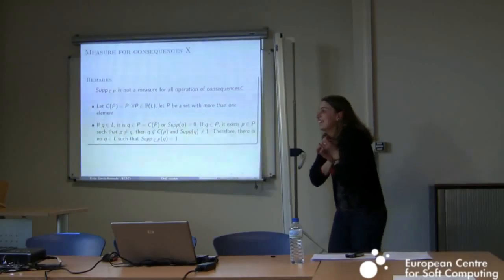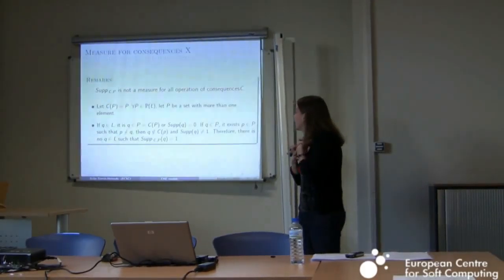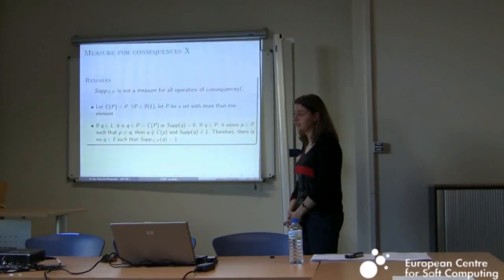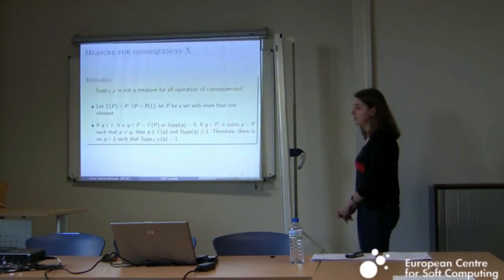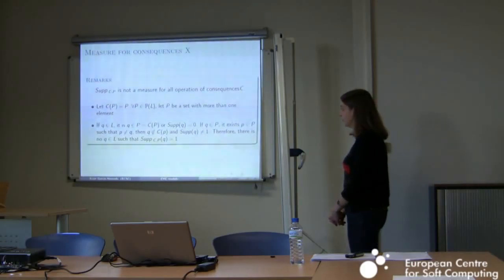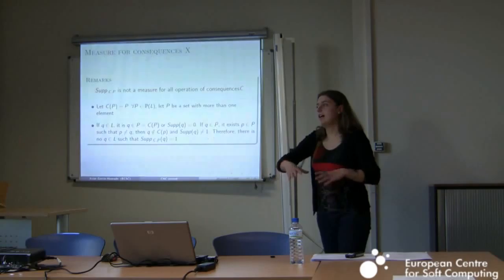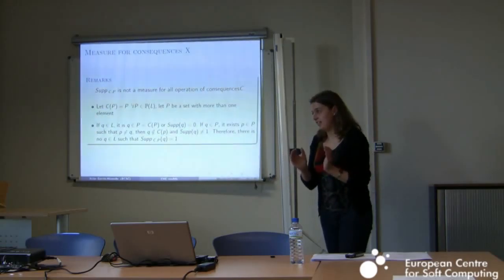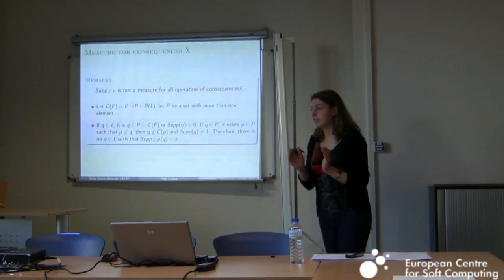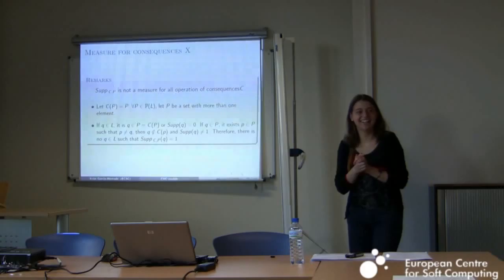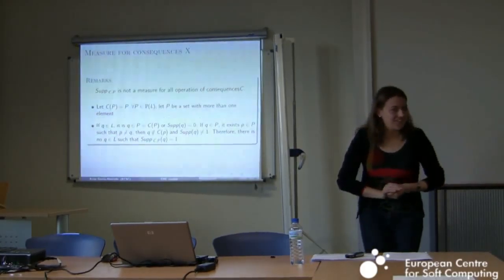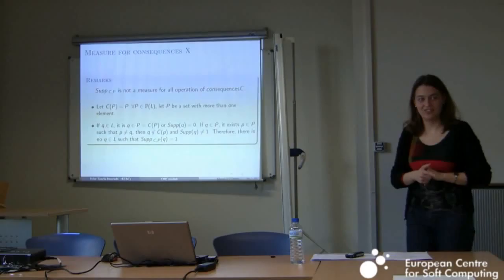No, you're working with a consequence operator that is a very simple one. You say the consequences of P is P only. Perfect. But I understand in the third point that for each Q in L, you can select a capital P subset. No, I have a set of premises P. Yeah, but then L is equal to P. No. But why is P equal to the consequences of P?